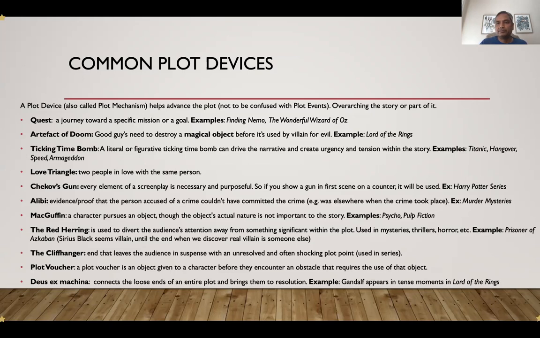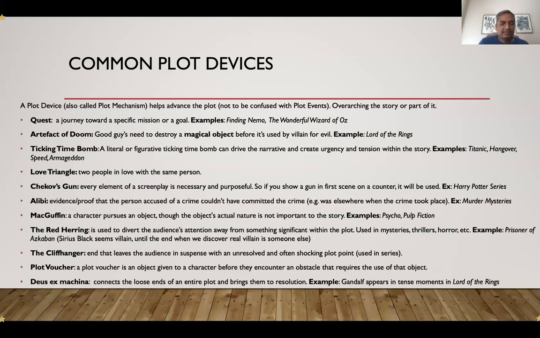This is highly used in mysteries, thrillers, and horrors, as I said. A good example you can identify with is the Harry Potter book where Sirius Black seems the villain until the very end, when we discover that the villain was somebody else, right? The writer was very successful in making the reader believe, to a large extent, that Sirius Black is the villain.